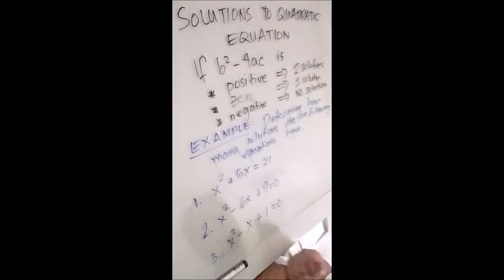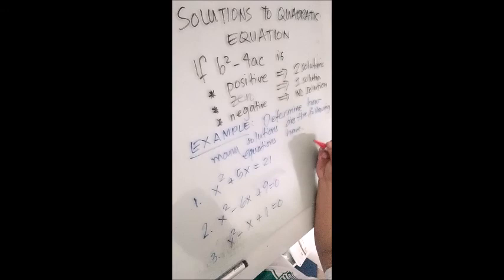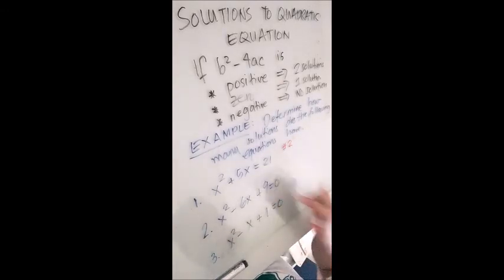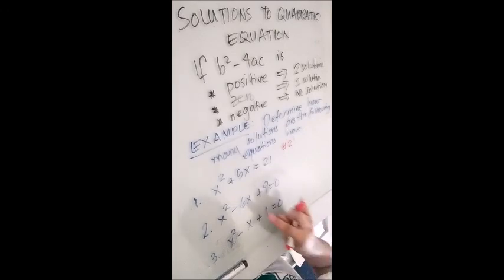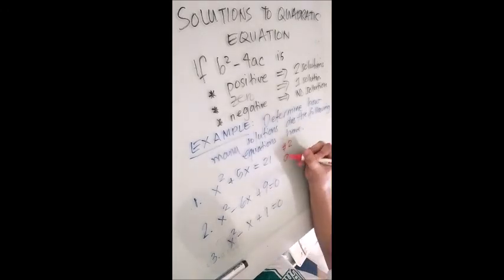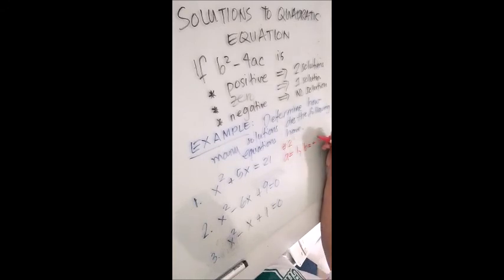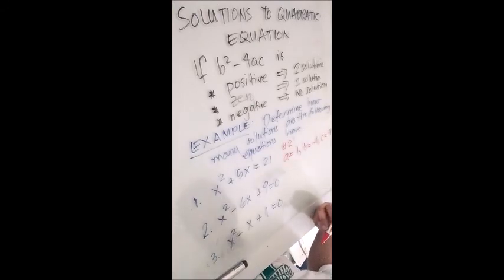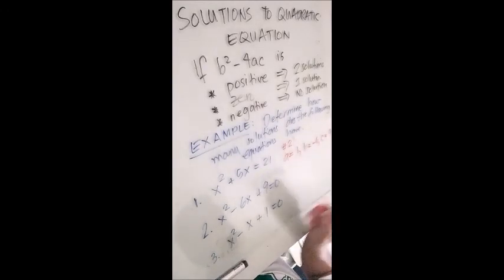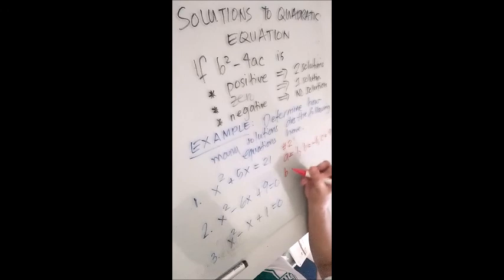Okay, let's proceed to number 2. We are going to identify the coefficients since this is already in standard form. A is 1, B is negative 6, and C is positive 9. Now we'll check b squared minus 4ac.